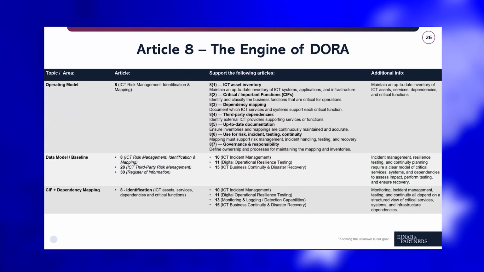So making sure that we have that accountability in place, that we understand the different objects that are involved and the different relations between them. And it starts with the ICT asset inventory, obviously in DORA, but it's a backbone of afterwards also being able to do incident reporting on it, to do testing on that, and having really the up-to-date documentation around that as well.